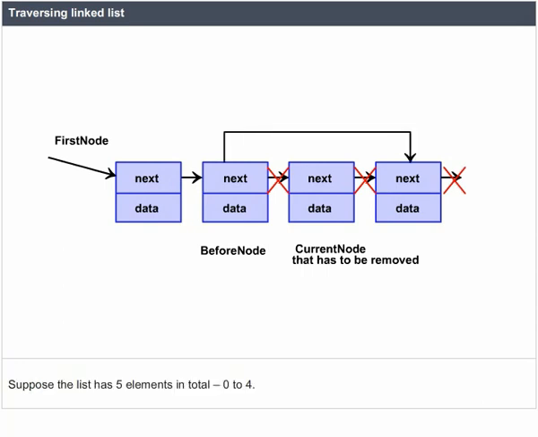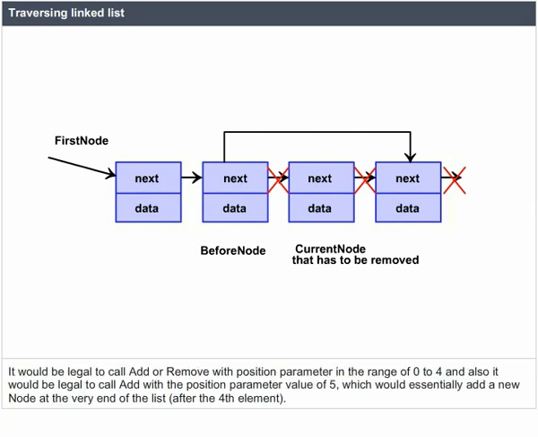Suppose the list has 5 elements in total, that is 0 to 4. It would be legal to call add or remove with a position parameter in the range of 0 to 4, and also it would be legal to call add with the position parameter value of 5, which would essentially add a new node at the very end of the list after the 4th element.